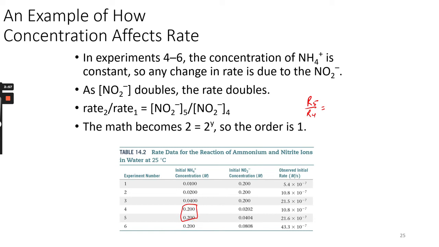So we're going to have the concentration of 5 raised to the power, which is what we're trying to look for, is equal to the concentration of 4 raised to x. Sometimes you could just do it in your head. You see here, 2 raised to the x equals 2. So in this case, our exponent is also 1.